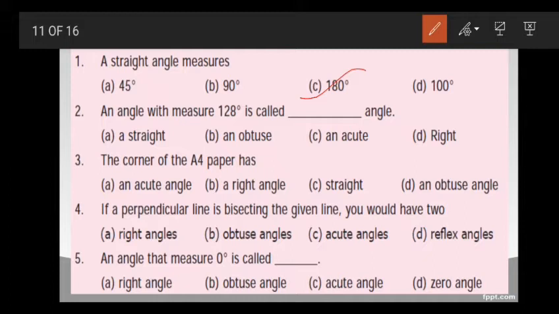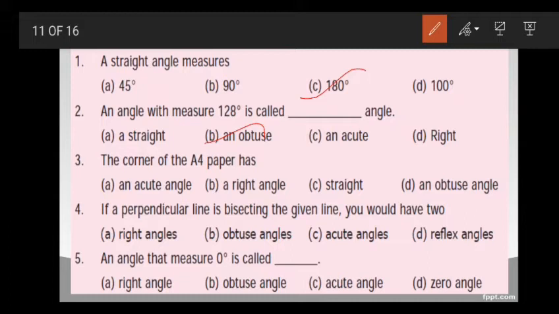An angle with measure 128 degrees is called dash angle. So is 128 less than 90? No, it is greater than 90 and less than 180, right? So it is called an obtuse angle. An angle having a measure greater than 90 degrees is called an obtuse angle.